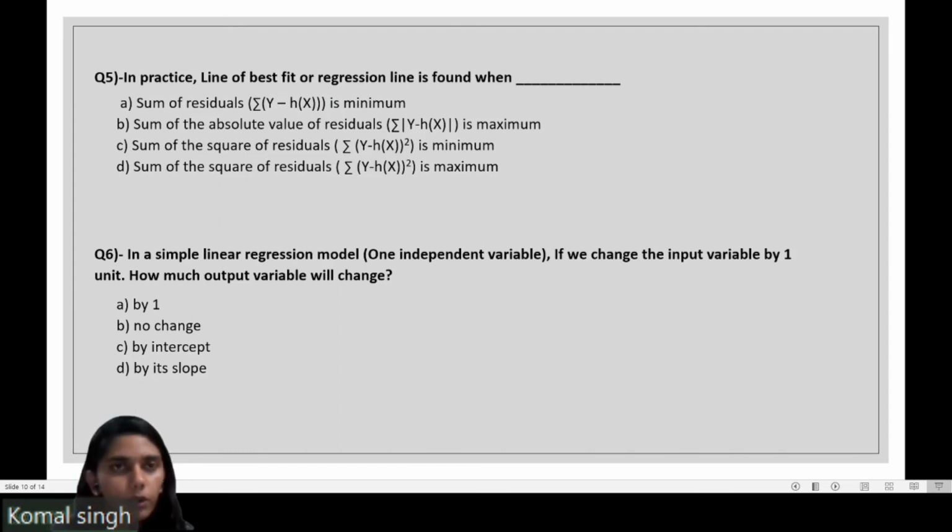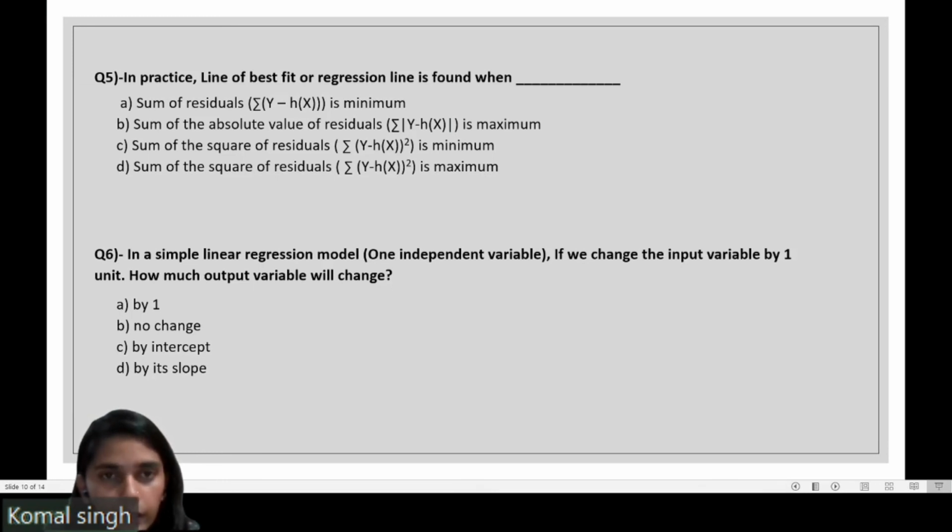So here what is the best fit? Here we penalize the highest error first, then the smallest error.